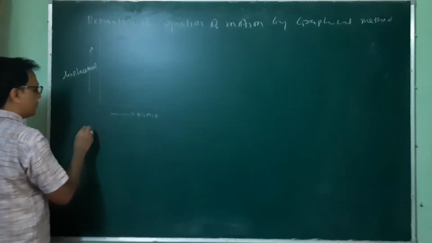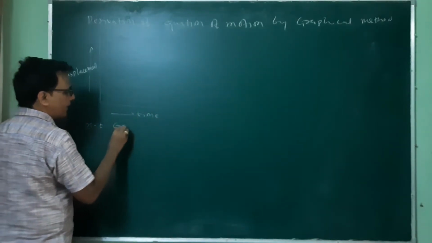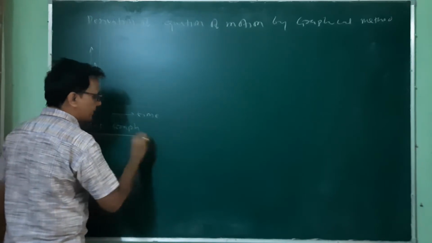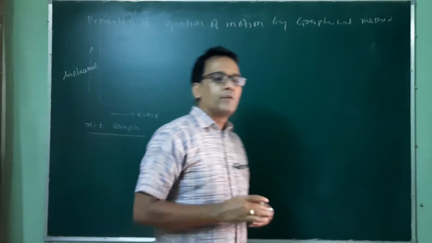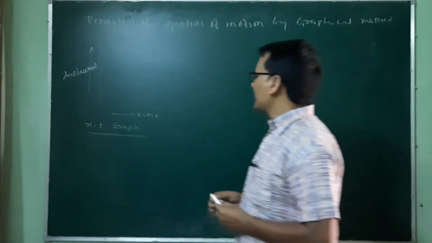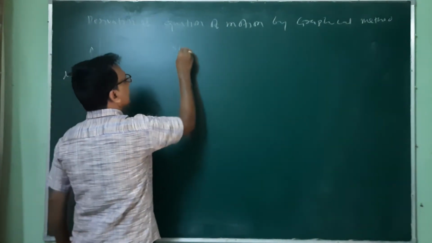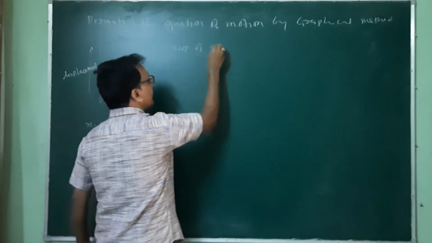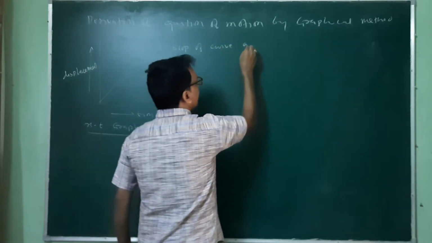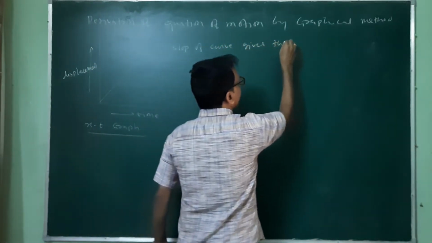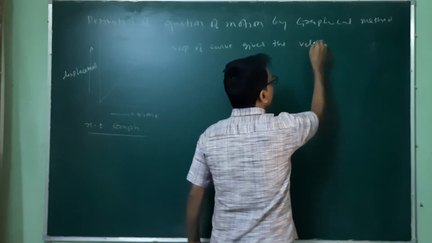This is a plot which is known as XT graph or XT plot. In this plot, the slope of the curve gives the velocity or speed.